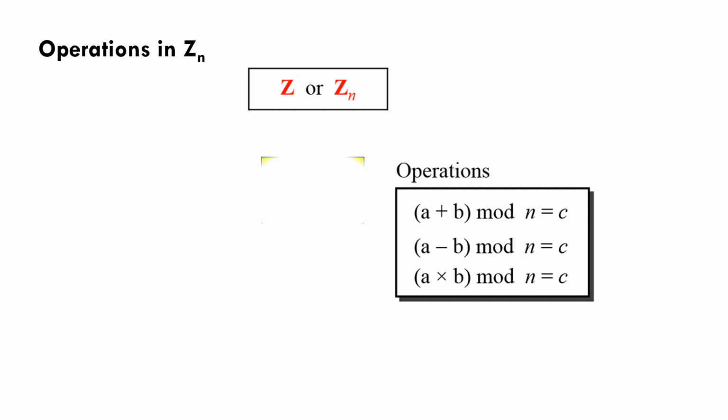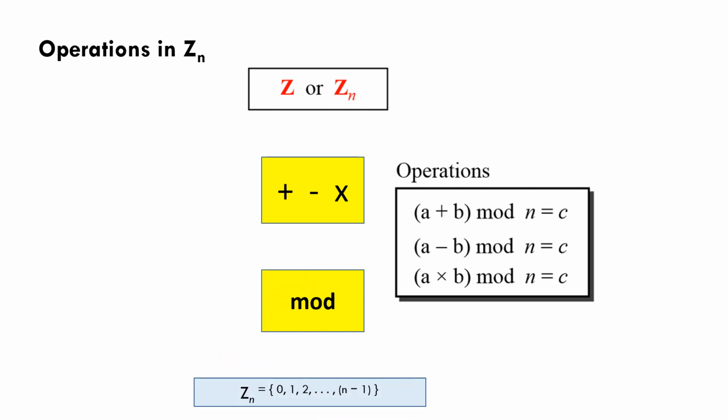The first set is one of the binary operators, plus, minus, and times. The second is the mod operator. We need to use parentheses to emphasize the order of operations. The inputs, a and b, can be members of Zn or Z.